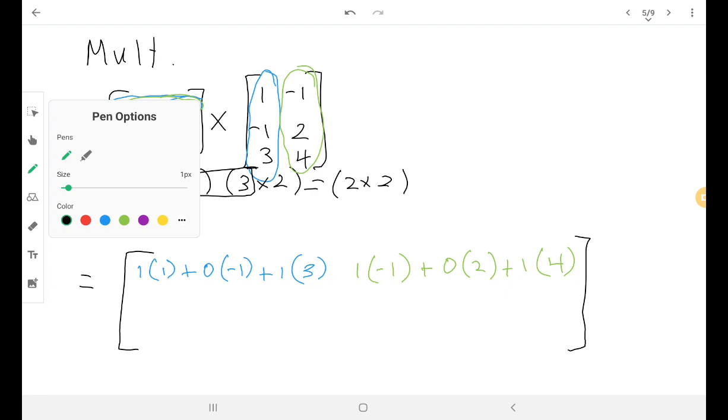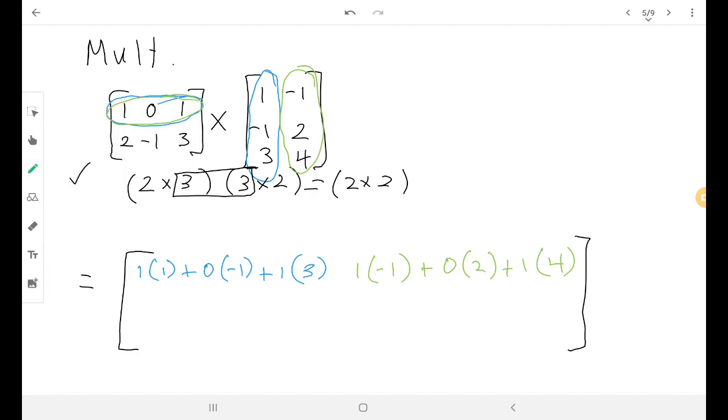So now let's look at the second row, and we're going to do the same thing. Second row, first column, is going to give us our second row, first column, and same thing, first number times first number, plus second number times second number, and so on. So that's going to be 2 times 1 plus -1 times -1 plus 3 times 3.